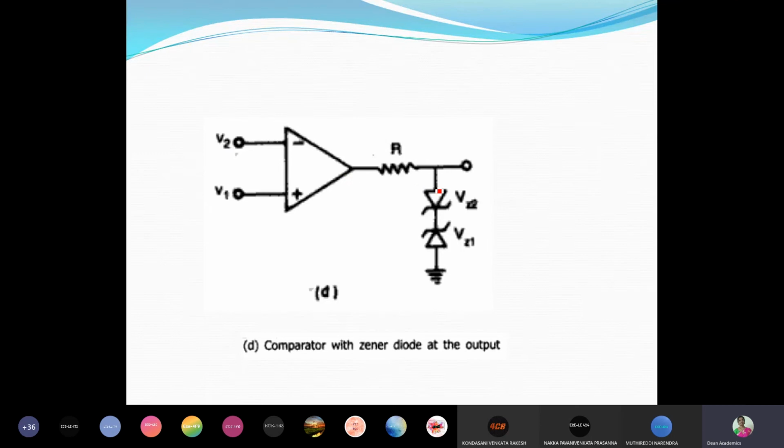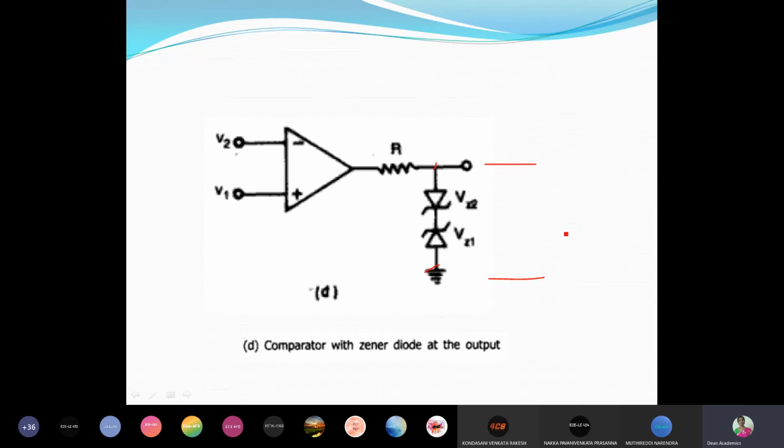Now our aim is to mention why we use this Zener diode here. For this comparator, irrespective of the input voltages, if you want a stable output, you know a Zener diode is a voltage regulator. For example, if it is a 5 volts Zener diode, it will give 5 volts only.